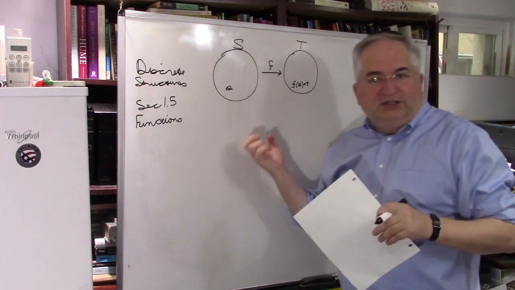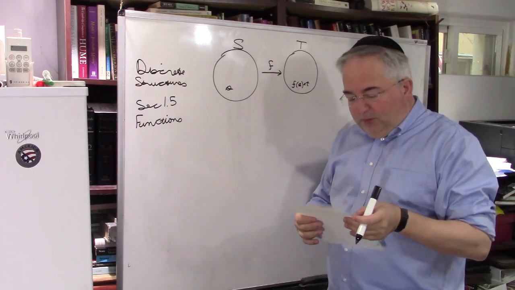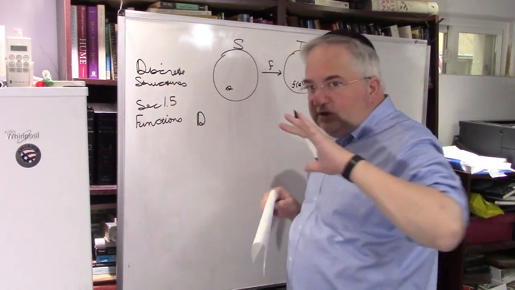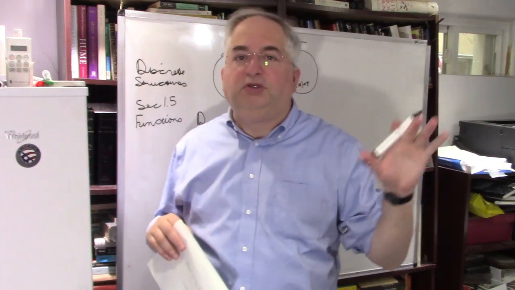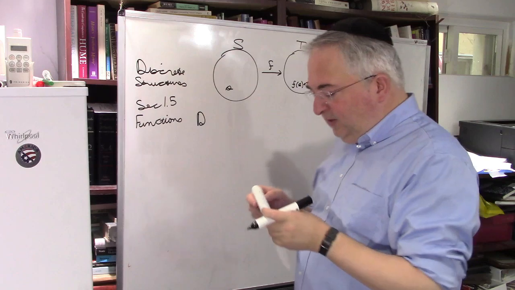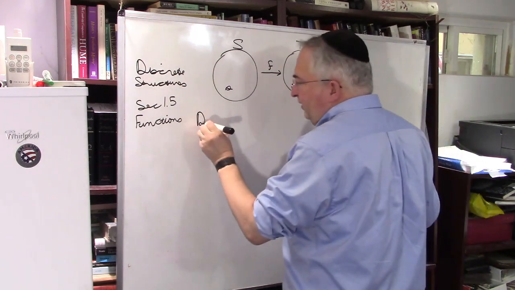We're going to see lots of examples, but first let's give a formal definition. I just want to say the rest of the book uses functions. Functions show up everywhere and anywhere. It's a central idea.